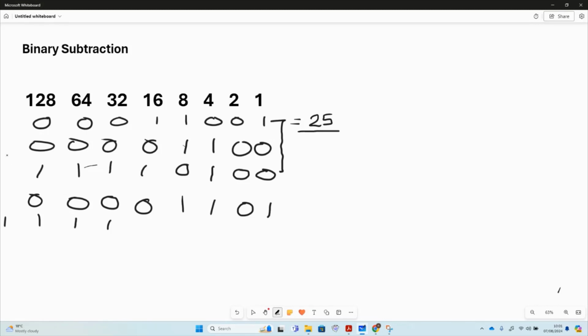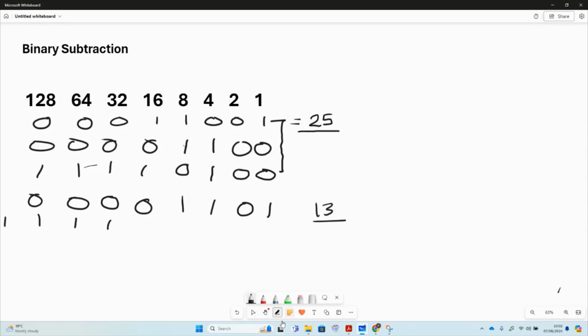So you can see that we've now arrived at an answer, and the answer is 13. And if we were to just take 12 away from 25, we do end up with 13. So that's the correct answer.